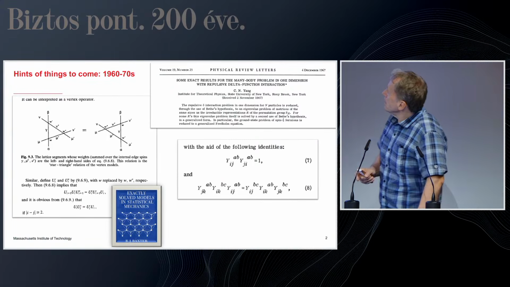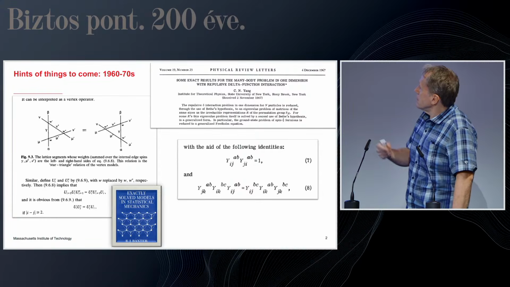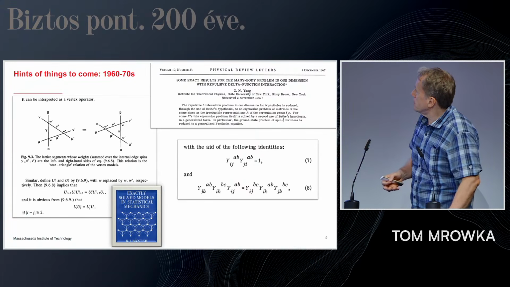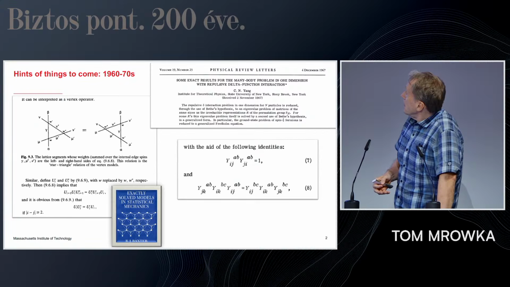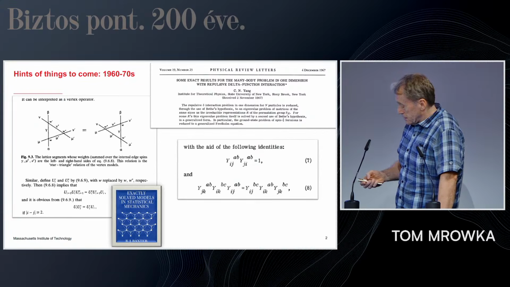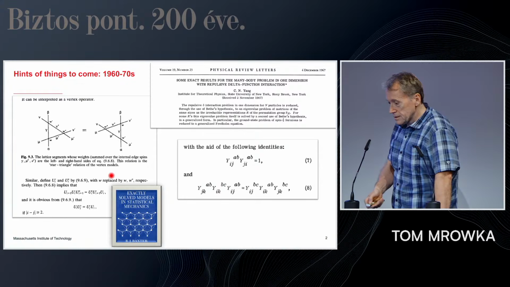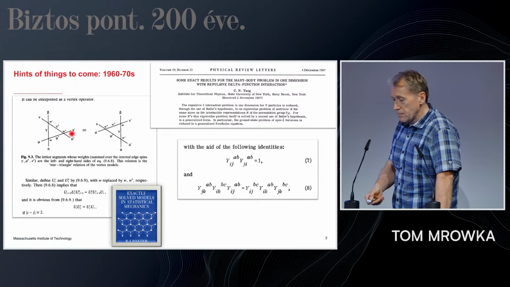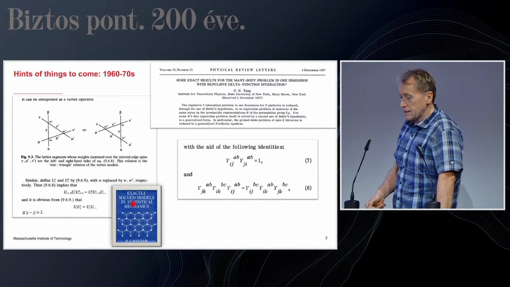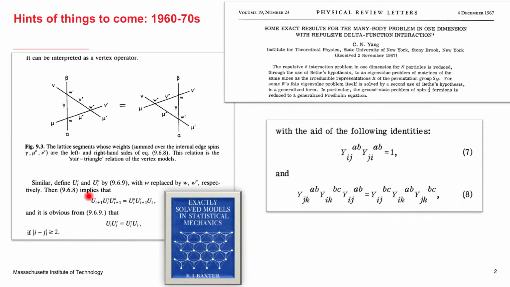One of the interesting things that Peter didn't mention, which has a lot of influence on the area, is the Yang-Baxter equation. This is a page from Baxter's famous textbook, Exactly Solved Models in Statistical Mechanics. And there is the Yang-Baxter equation. This was published in the early 80s, but I think the work was earlier.